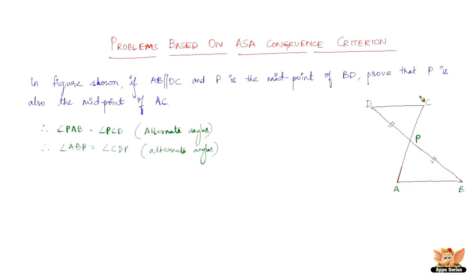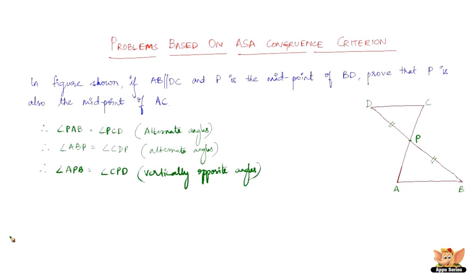Now since AC and BD intersect at P, therefore angle APB equals angle CPD. This is anybody's guess. Why is it equal? Because this is such a famous reason, vertically opposite angles.